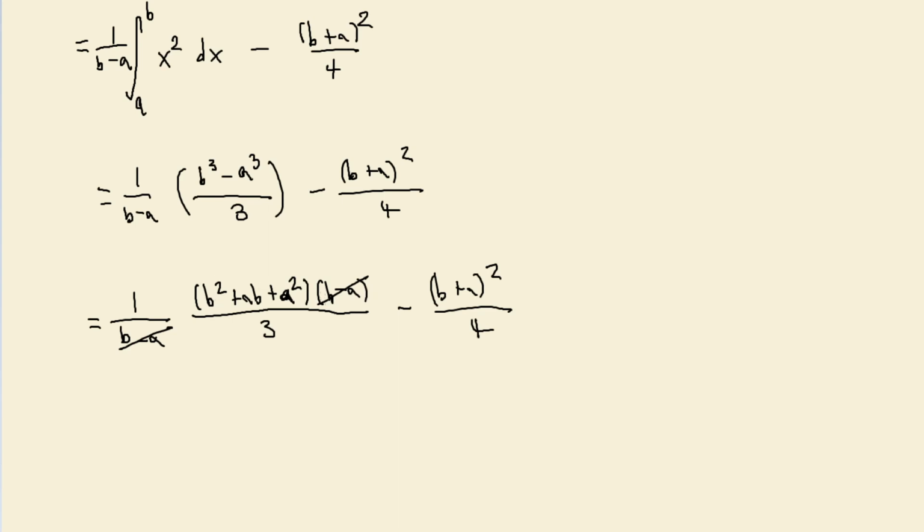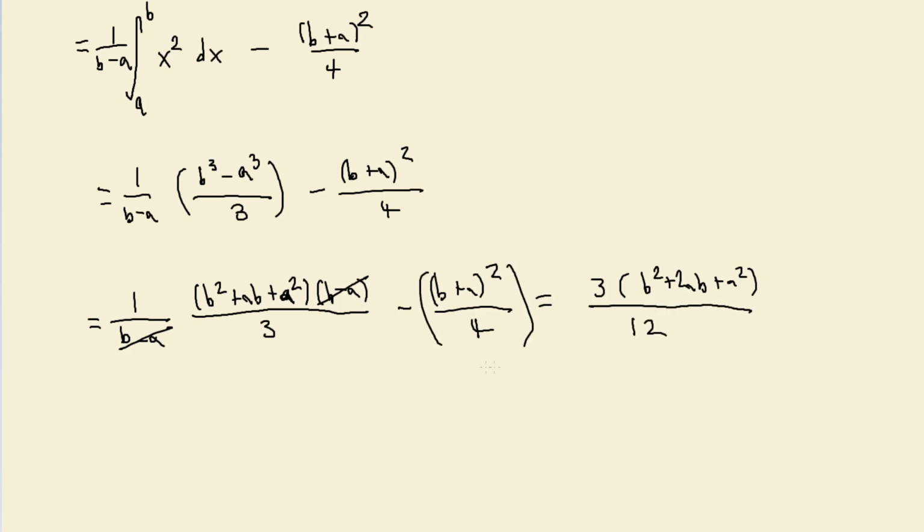And then what else can we do here? We have b squared plus ab plus a squared. Let's unfoil this so we can combine like terms here. And also let's try to get a common denominator here, so that we can actually simplify this a little bit. So this expression right here, (b plus a) squared over 4, is going to be equal to 3 times (b squared plus 2ab plus a squared) over 12.